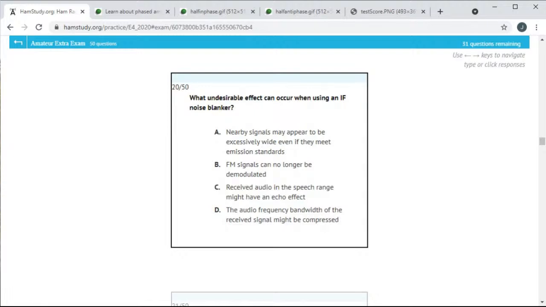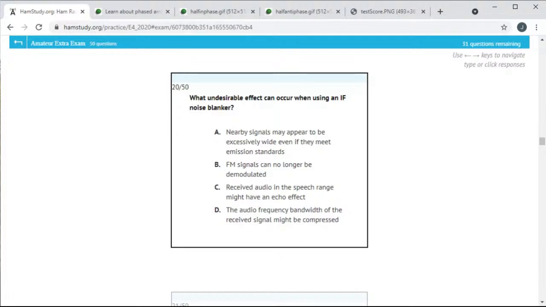What undesirable effect can occur when using an IF noise blanker? A, nearby signals may appear to be excessively wide even if they meet emission standards. B, FM signals can no longer be demodulated.